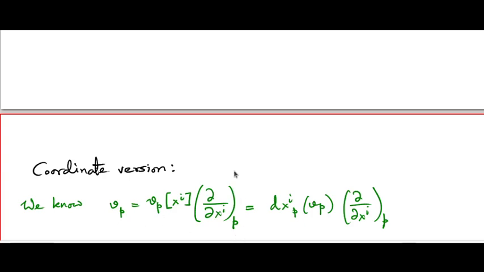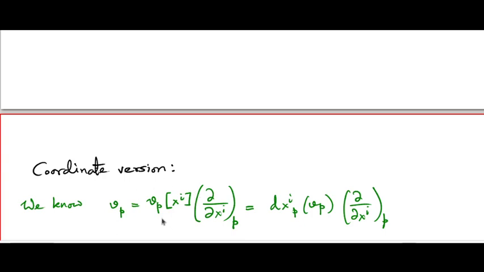This thing that we spent quite a lot of time demonstrating earlier shows not only that the ∂/∂xⁱ|p form a spanning set for T_pM, it also gives you a direct way of calculating the coefficients.